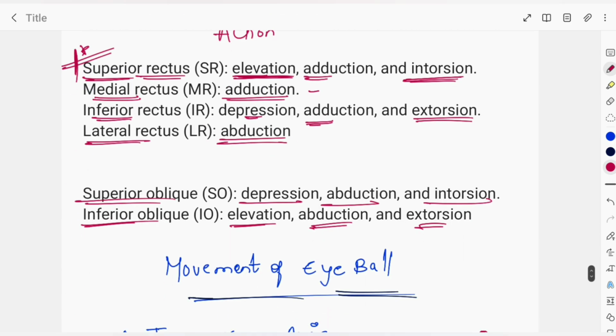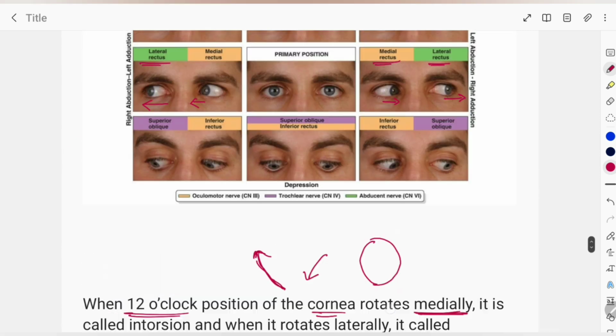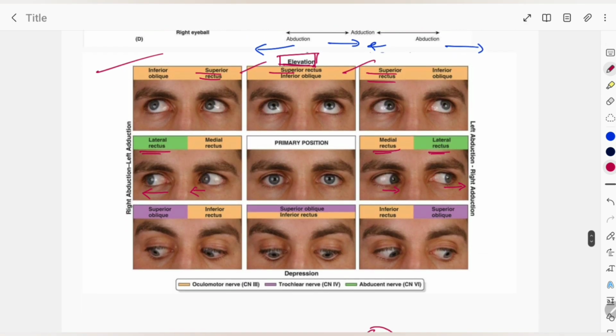Now one more muscle which is doing elevation is inferior oblique. You can very clearly see here, inferior oblique is the muscle which is doing the elevation. Now if we see from this diagram, if the person is seeing here, you can very clearly see where the person is seeing, in the upward direction and a little bit towards the left side.